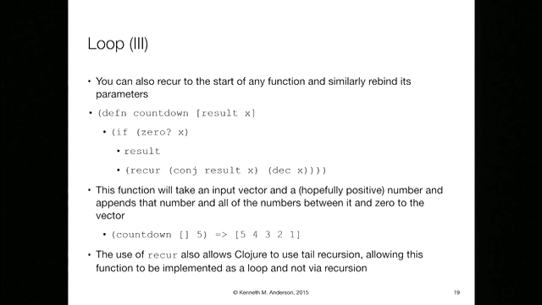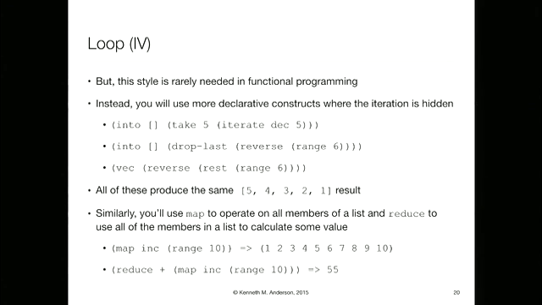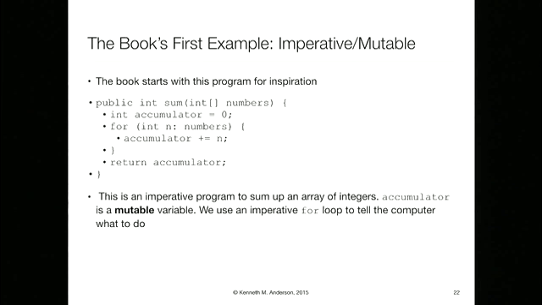It's not going to be in any danger of blowing the stack. So if you re-implement the sum to use loop and recur, you can take a 10 million element array and sum it up, no problem. If it crashes, it won't be because you've blown the stack frames. It's because maybe you had integer overflow or something like that.